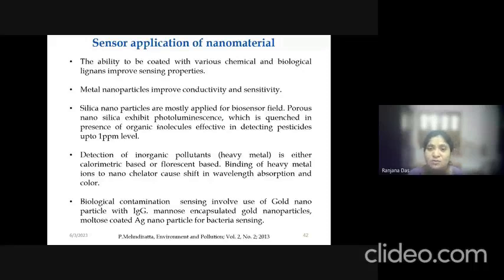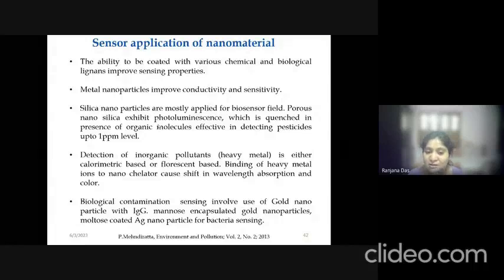It is normally used for the detection of pesticides. And also some inorganic pollutants, heavy metals, can be detected in this way. That is primarily fluorescence based. Some colorimetric change is there. Some nanomaterial has some color, and if it gets bound with some of the other pollutants, obviously the fluorescence or its color is going to change.